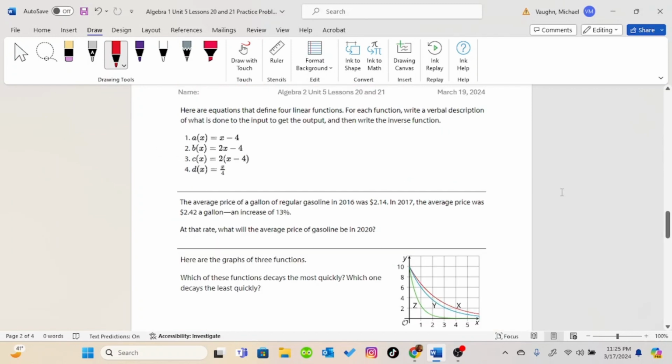Here are equations that define four linear functions. For each function, write a verbal description of what is done to the input to get the output, and then write the inverse function. On number 1, 4 is subtracted from the input.